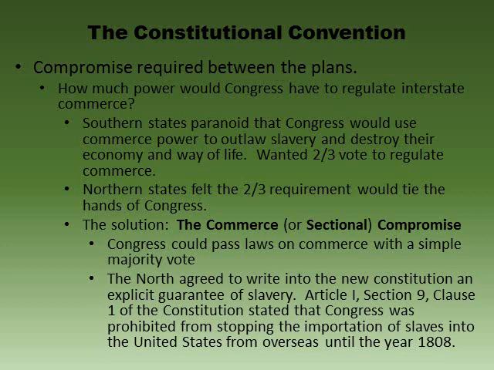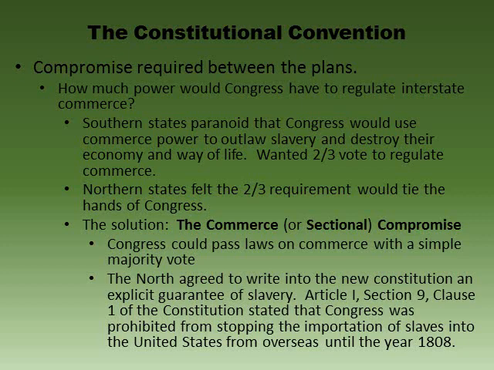And if you look in Article 1, Section 9, Clause 1 of the Constitution, it says that Congress cannot stop the importation of slaves into the United States from overseas until the year 1808. And so for a while after the Constitution came into effect, more slaves could be brought over, chiefly from Africa. And so after 1808, Congress could stop that.